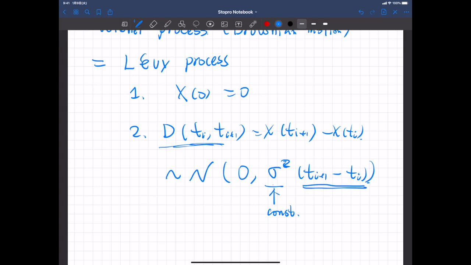And especially when sigma is 1, then we call it the standard Brownian motion, just like we call standard normal distribution the normal distribution with variance 1 and mean 0.